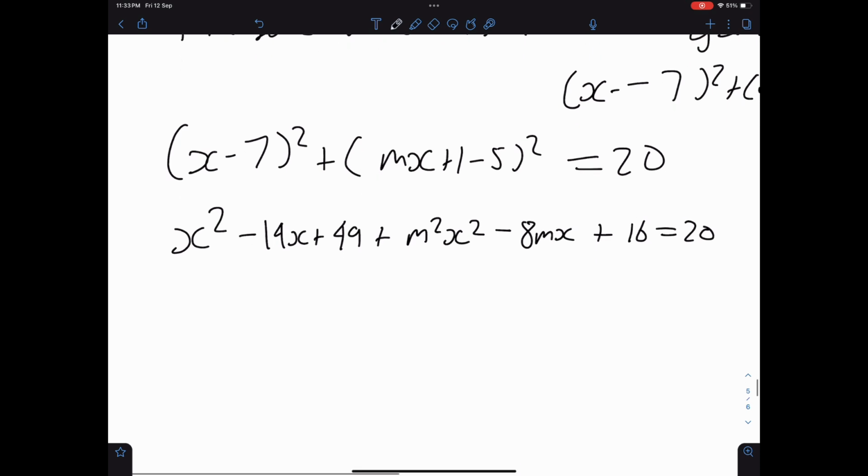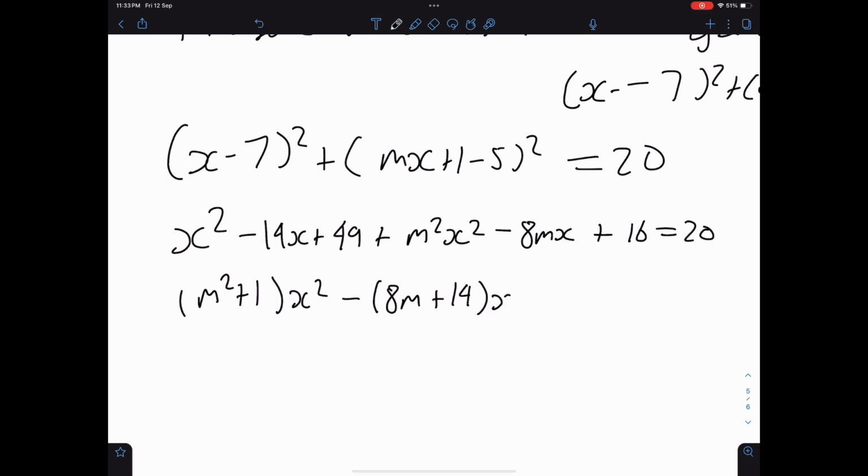So then that's m squared plus 1, we'll bracket that off, the x squared, minus 8m plus 14x. And that gives us 65, so 45. Like that.